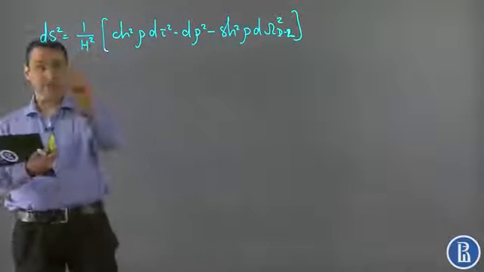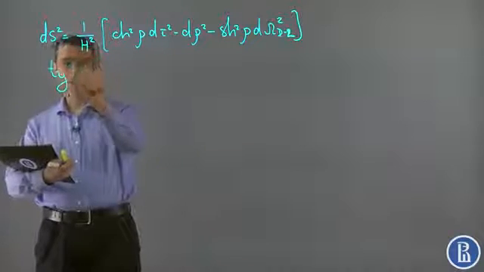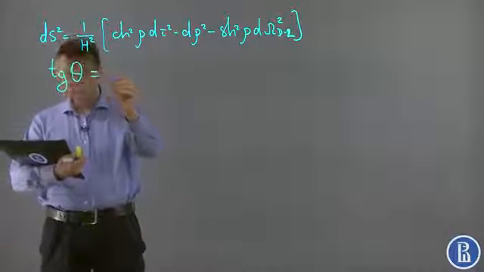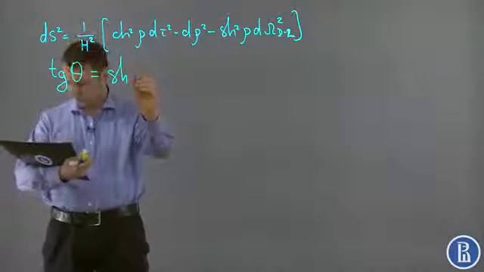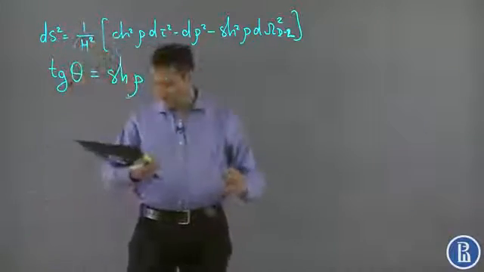So we're going to make the following change: tangent of theta will be equal to hyperbolic sine of rho. So hyperbolic sine of rho we change for the tangent.